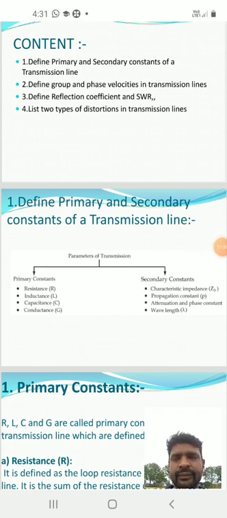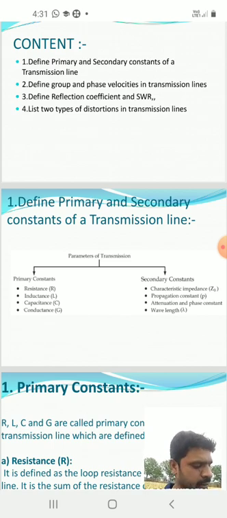First topic, define primary and secondary constants of a transmission line. Transmission line means to transfer the energy or signal from one place to another place.